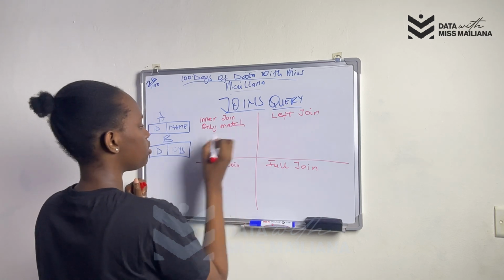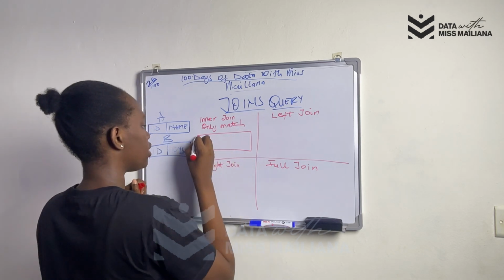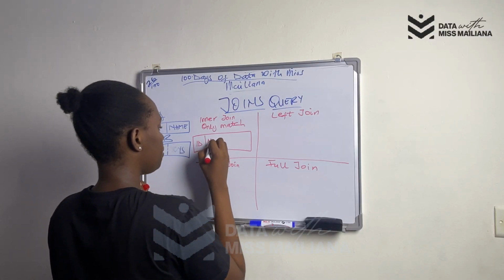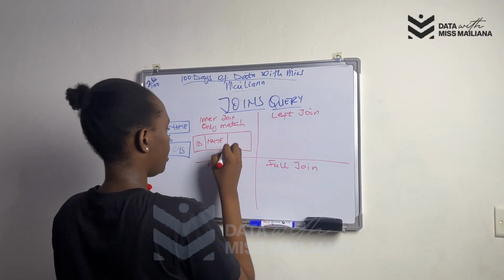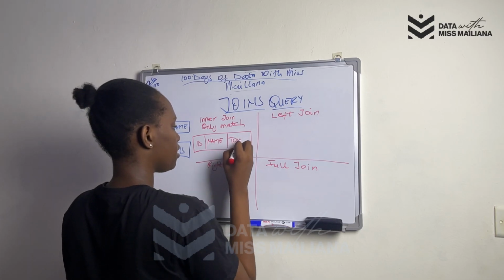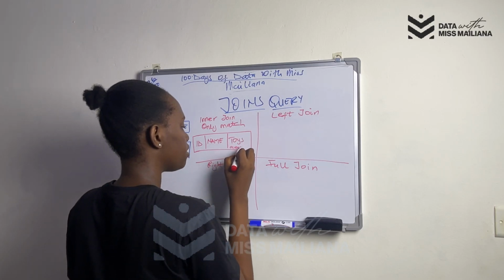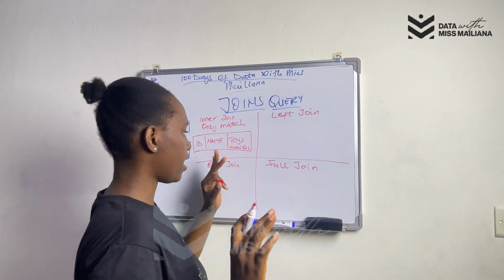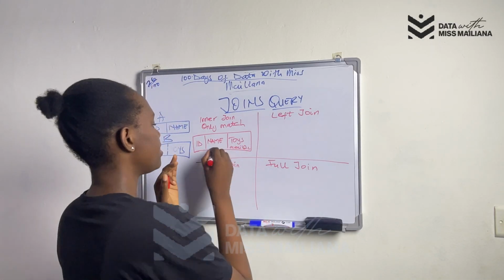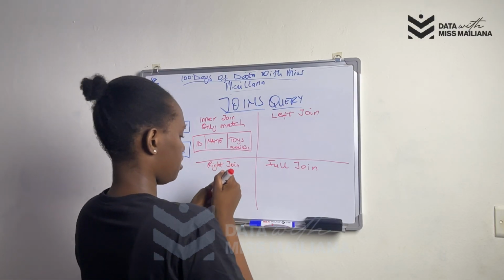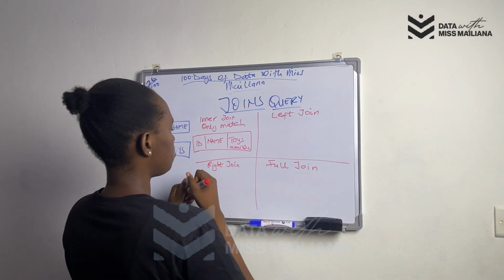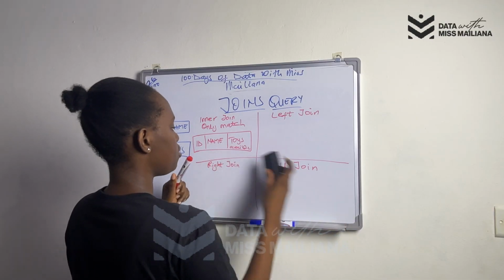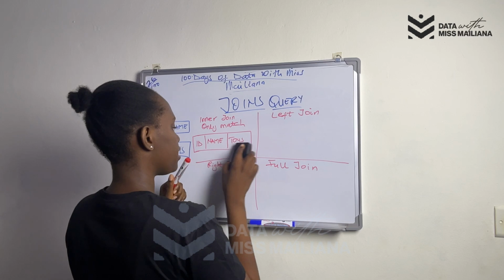So that is to say that it joins the ID, the name, and the toys. Let me think of the right word; available is not the right word.